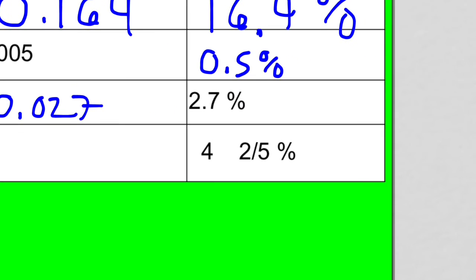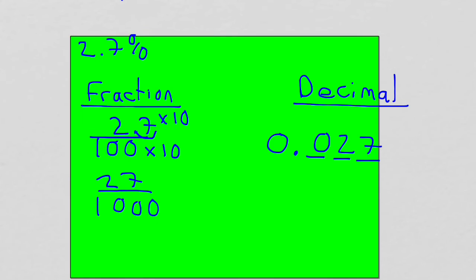The last question. These ones are the trickiest. A fractional percent, 4 2/5%. Let's take a look-see at this one. These ones always throw people off because the kids look at it and they say, it's already a fraction, I don't need to do anything.